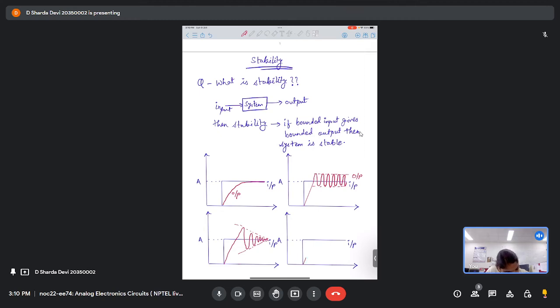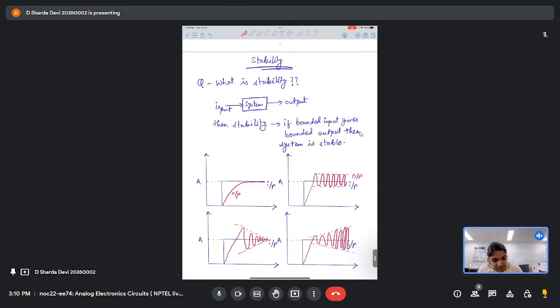Your output will be slowly rising, and it will oscillate across the input, but it will start getting amplified. This is another type of output which is possible for a system. These are the basic four types of outputs that are possible for a step input for a given system.